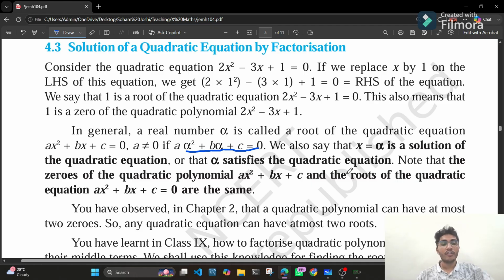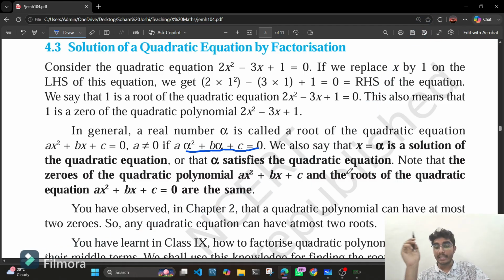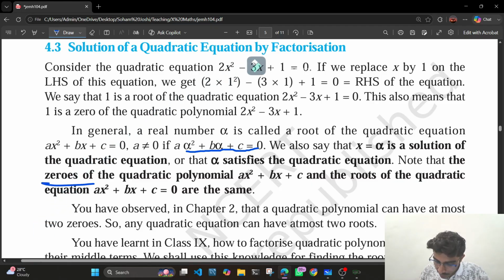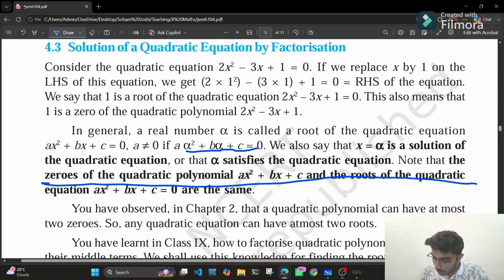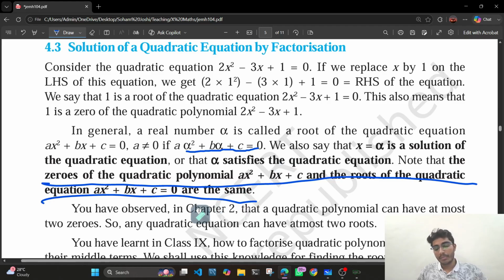Anything you can say. Therefore, the zeros of the quadratic polynomial ax square plus bx plus c and the roots of the quadratic equation ax square plus bx plus c are the same. So basically, roots and zeros are one and the same thing, so we don't have to worry about whether we call it root or zero.